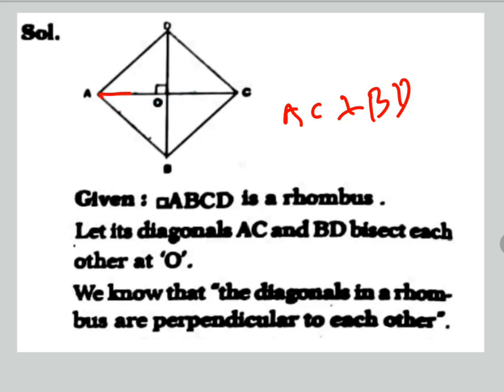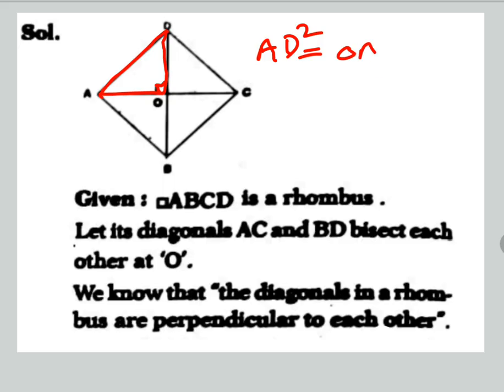Then from triangle AOD, it's a right angle triangle. So we can write, with respect to the Pythagoras theorem, AD square is equal to OA square plus OD square.